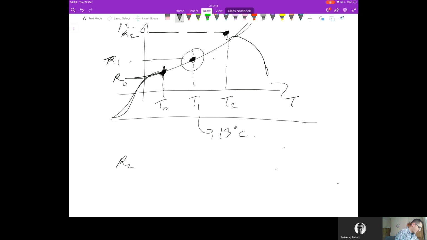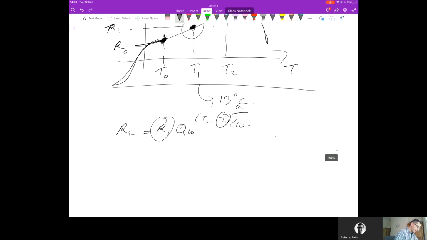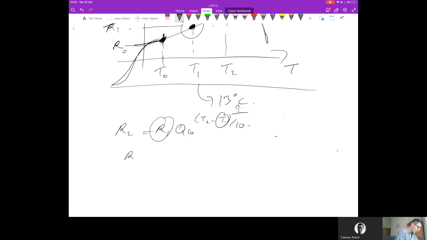So remember that R2 equals R1 Q10 to the power T2 minus T1 all over 10. This time I'm trying to find a new R1, which I know is at a temperature of 13 degrees. So solving this, R1 is equal to R2 all over Q10 to the power T2 minus T1 all over 10.